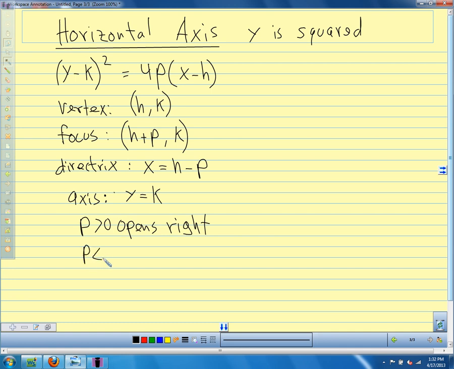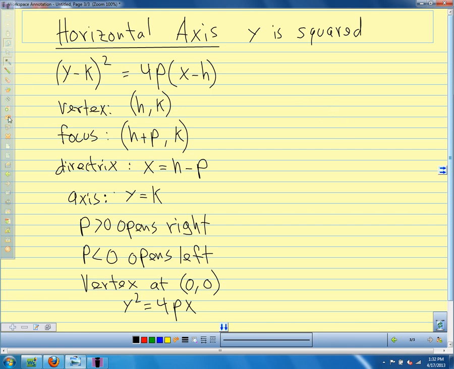If p is less than 0, our parabola opens left. And if our vertex is at 0, 0, then our equation is y squared equals 4px. So again, p is telling us how far we're moving from our vertex to get to our focus and our directrix.